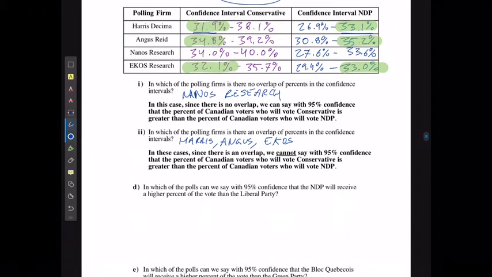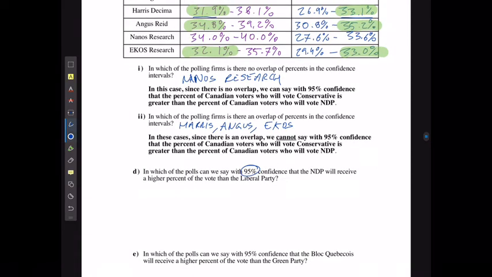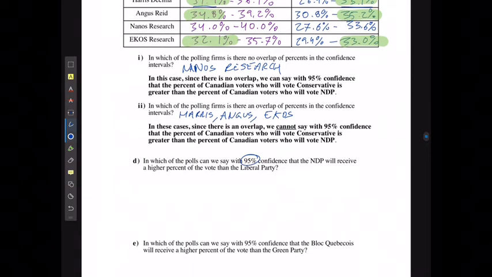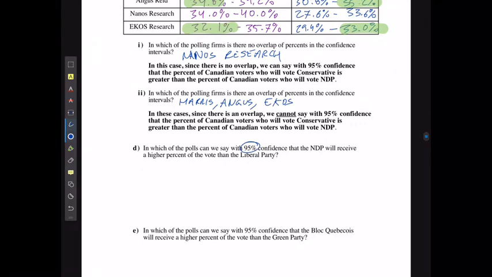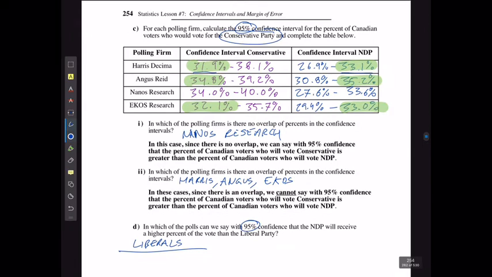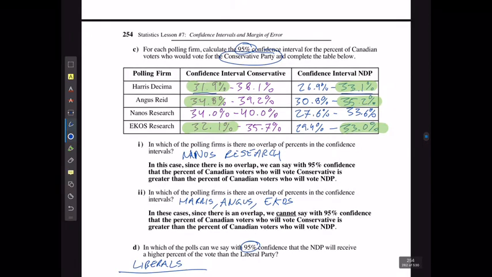In which of the polls can we say with 95% confidence that the NDP will receive a higher percentage vote than the Liberal Party? Well, if I'm going to state it for the Liberal Party, I need to figure out what the ranges are going to be. So for the Liberals, I would do the same thing that we did for the Conservatives and for the NDP.